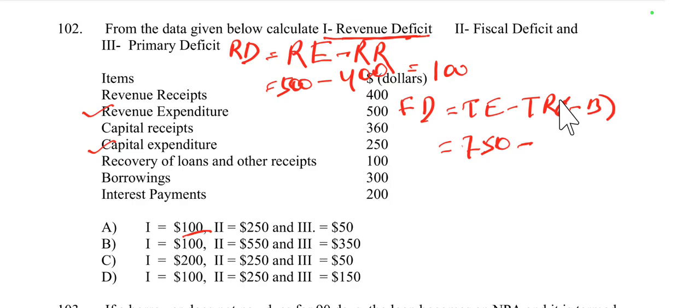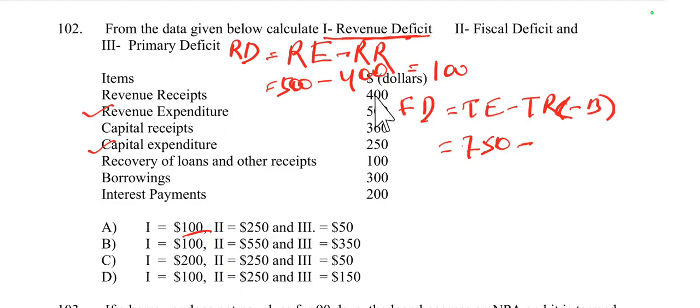Total receipt is equal to revenue receipt minus capital receipt. So we have to find out the total revenue. Total revenue, first one is revenue receipt. We have to deduct the borrowing part. So here revenue receipt is equal to 400. Then recovery of loans and other receipt, this also includes in this.